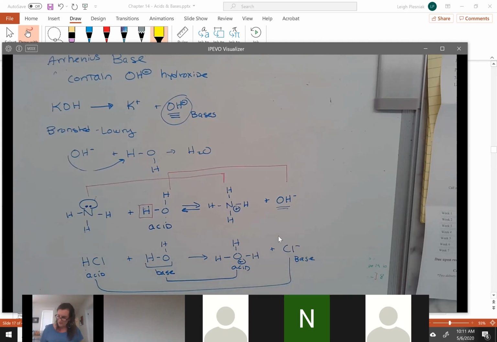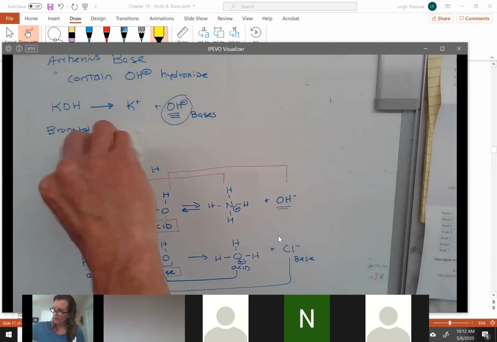But notice that it's possible for water to function as an acid in a reaction, and it's also possible for it to function as a base. You have to look at what it's paired with to be able to tell the difference. And there's a term for when something can behave both as an acid and a base, and that's called amphoteric.